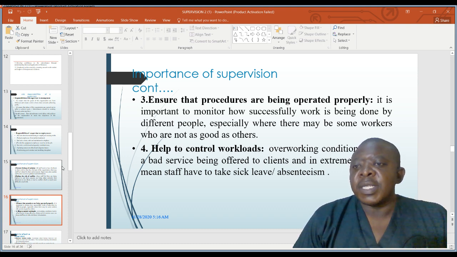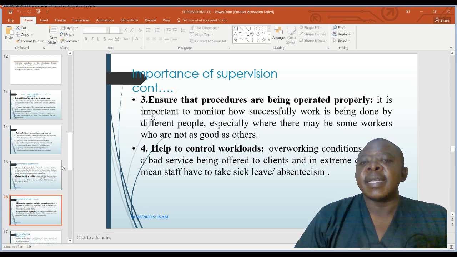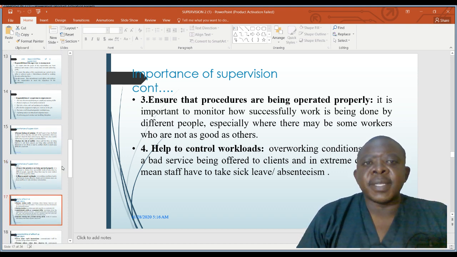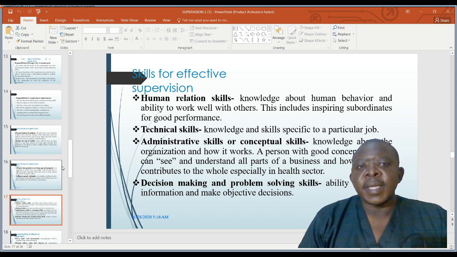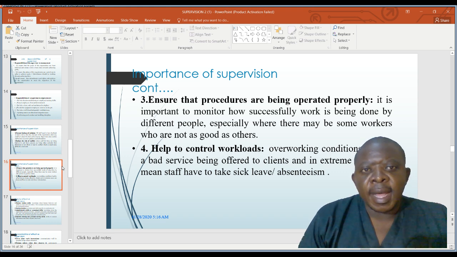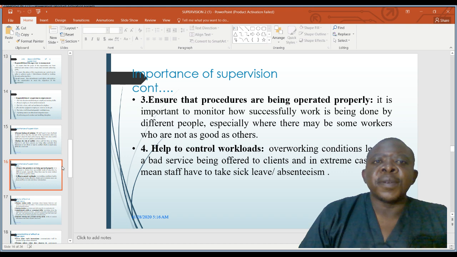Poor working conditions lead to a bad service being offered to clients, and in extreme cases can mean staff have to take sick leave or they will be absent. Okay, so those are the four fundamental importance of supervision.